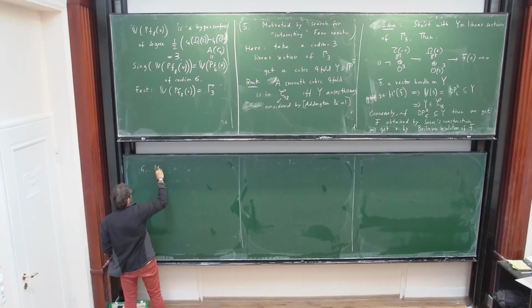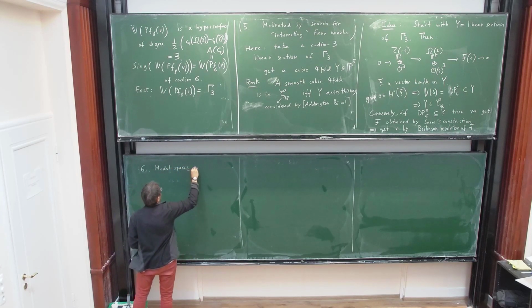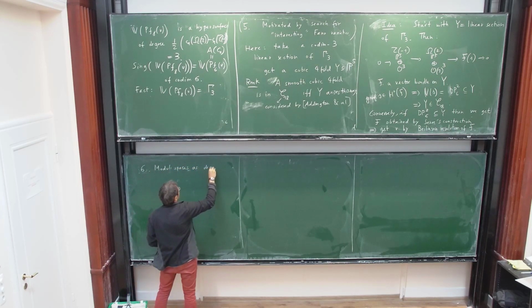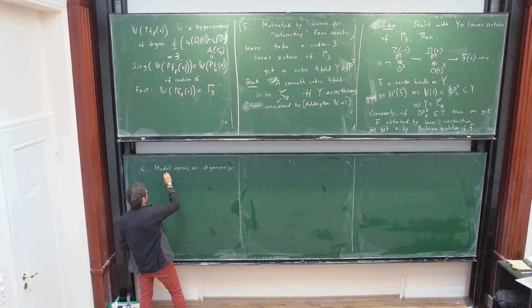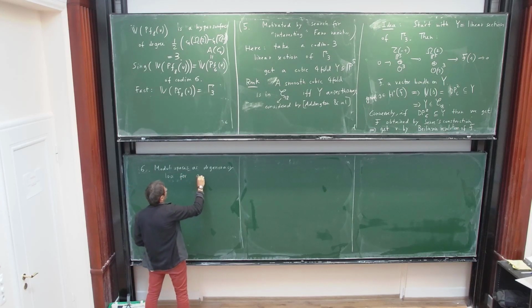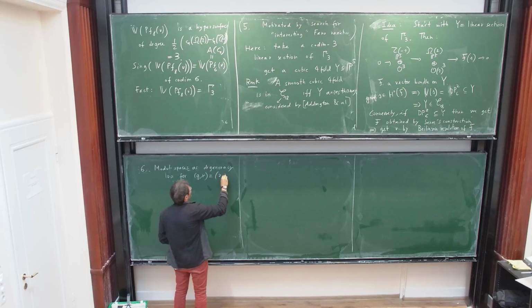So I still haven't told you what we do. Moduli spaces and degeneracy loci. Again for G equal to 2, 3, or 3, 2.